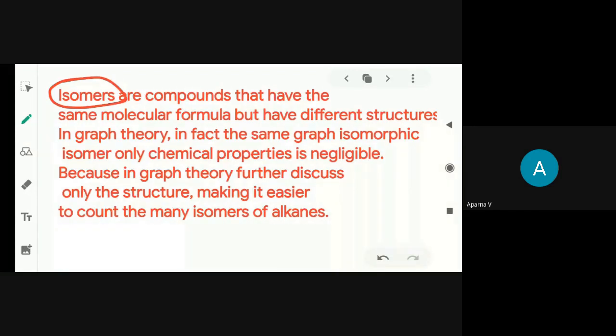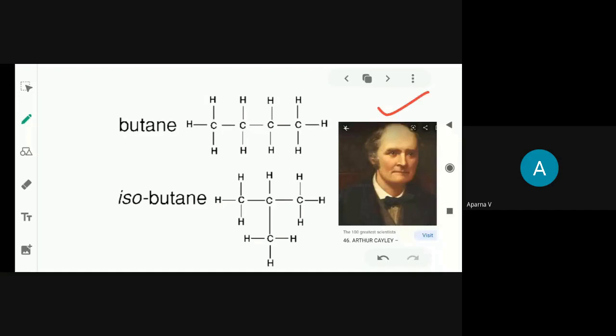We will be studying only the structure, because in graph theory we will further discuss making it easier to count alkanes like those I've mentioned. See, this is an example. This person is responsible for counting or enumerating isomers of the same structure, butane and isobutane. Formula is the same, but the structures are different.